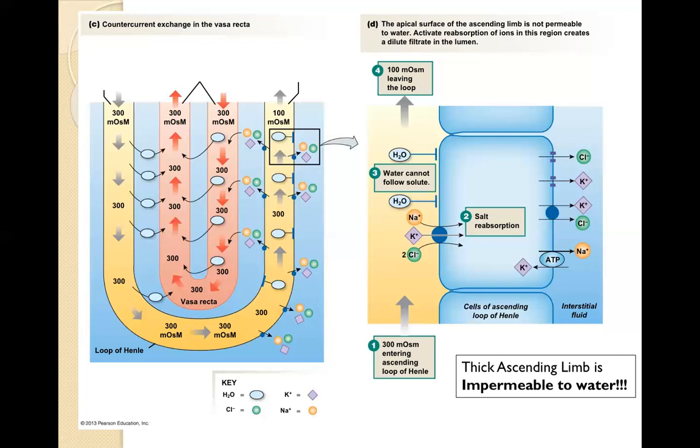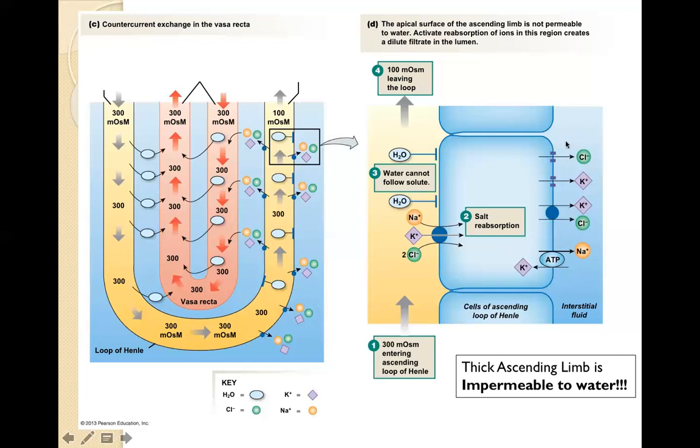Water can't follow. And the specific transporter that does this is something called the sodium potassium 2-chloride transporter. So there's a sodium ion, a potassium ion, and 2-chloride ions that are leaving the filtrate and entering the cell. These will eventually be brought over to the interstitium.